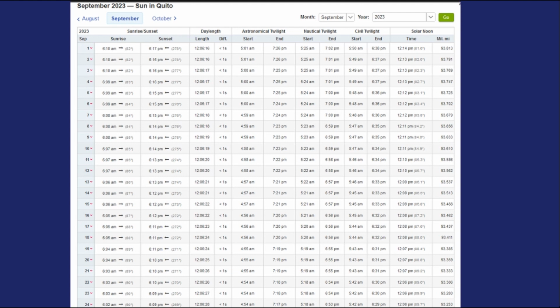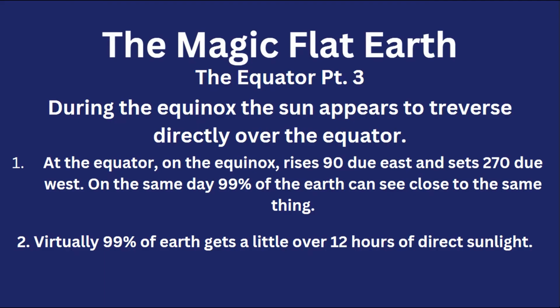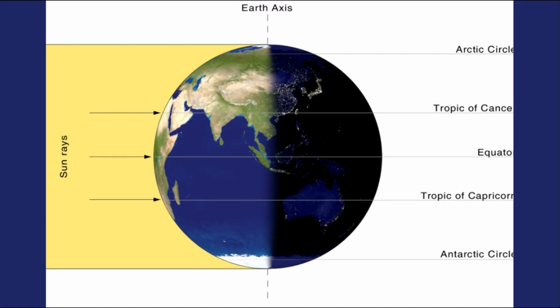However, because we're on the equinox, you not only have that happening, you also have 99% of the earth getting a little over 12 hours of direct sunlight. That's because a little over half of the earth is receiving direct sunlight at any one time, which this illustration easily explains, right?